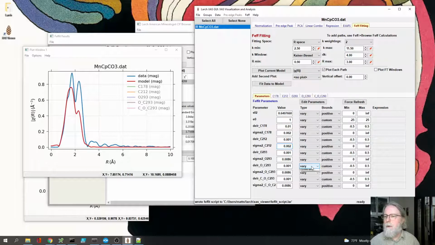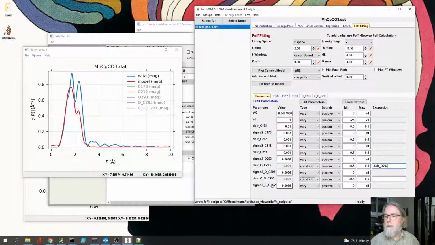I think that for now we're just going to ignore that possibility and just say that if the oxygen moves from 2.93 to 2.94, say, the oxygen-carbon bond should also move the same distance. So let's just say that that's delta R 293. That's going to be the same parameter to make that distance vary.